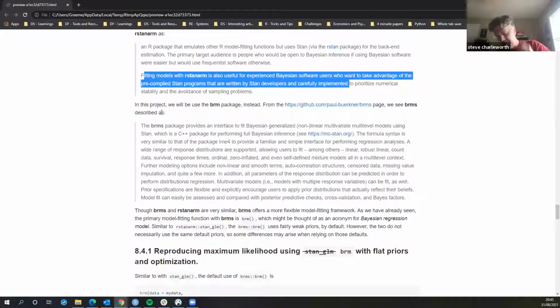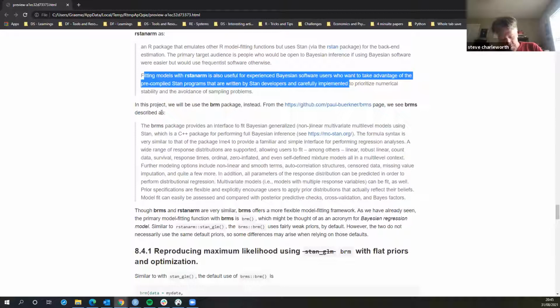In this book, Regression and Other Stories, he's using stan_glm, which appears to be even simpler, because in Statistical Rethinking you explicitly say this is a binomial distribution with these parameters, and I want to use an exponential probability distribution for my standard deviation, stuff like that, which you apparently can do with stan_glm too, because I've read a little bit ahead.